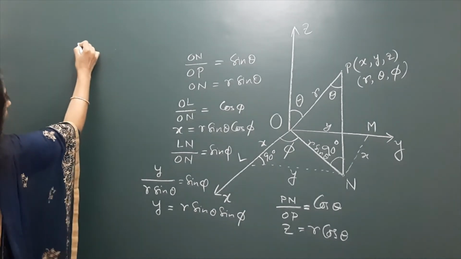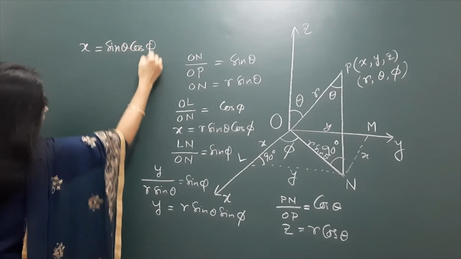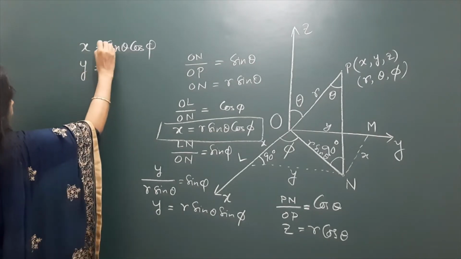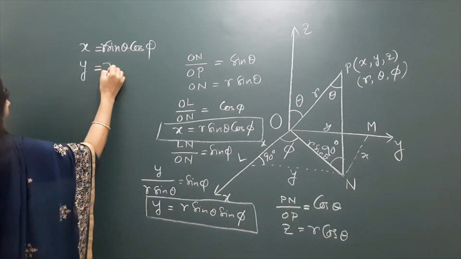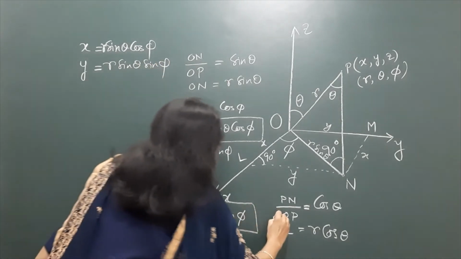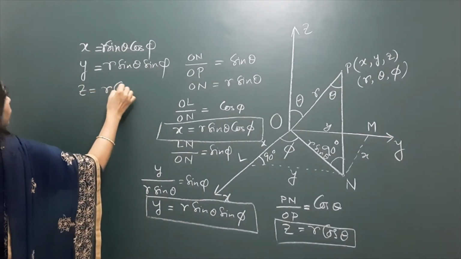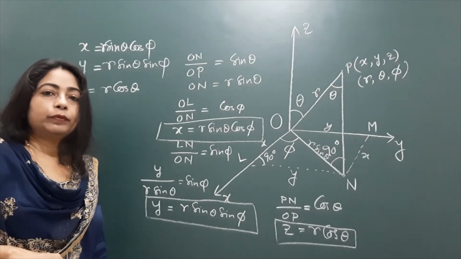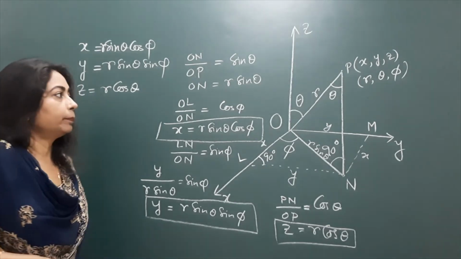Therefore we have x equals R sin theta cos phi, y equals R sin theta sin phi, and z equals R cos theta. So these are the relations between Cartesian coordinate system and spherical polar coordinate system.